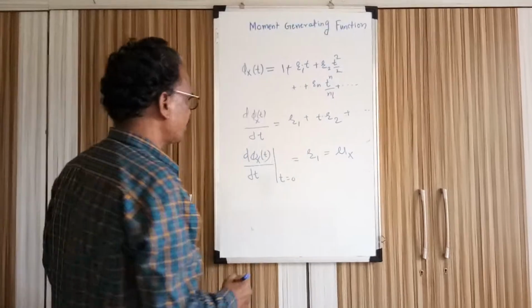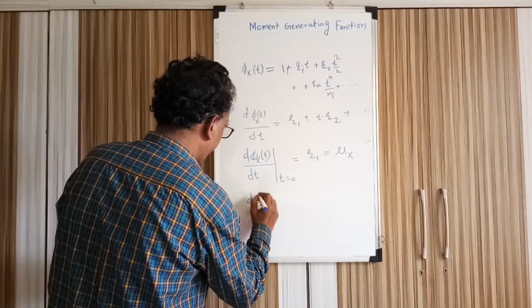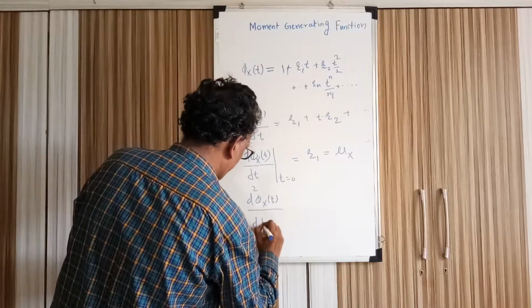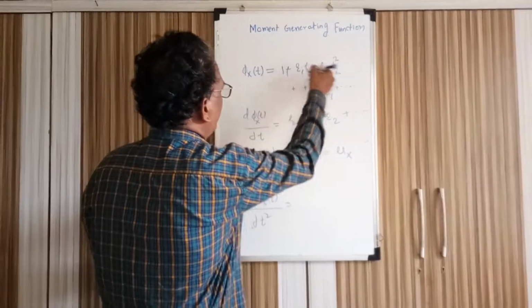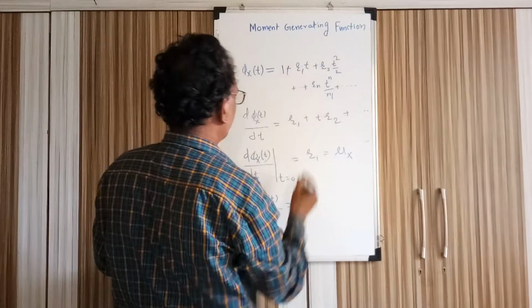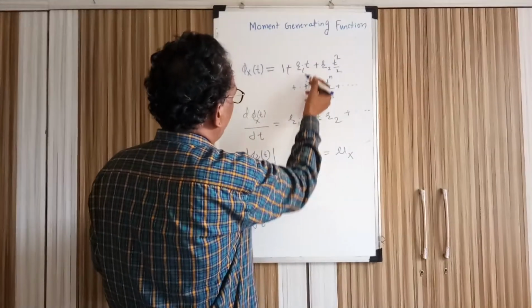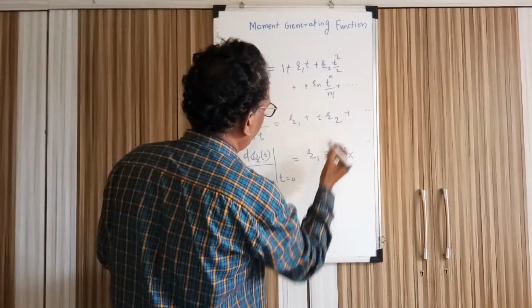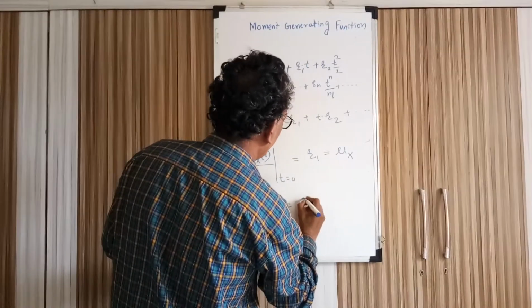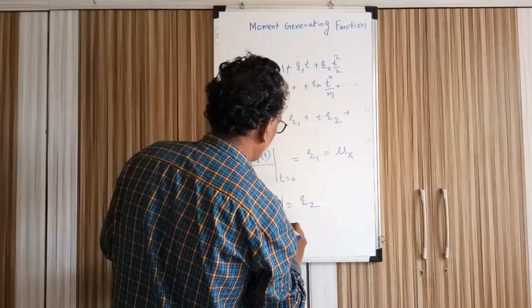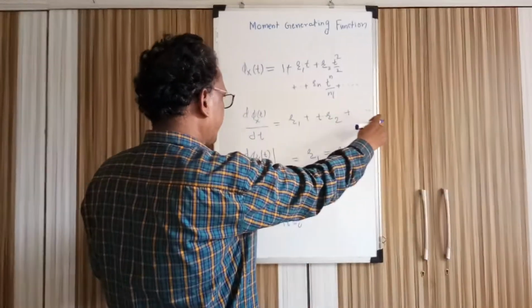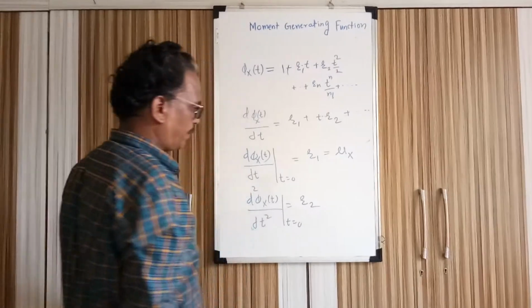If I go for the second moment, d2 phi x of t by dt square, we take the double derivative of this equation. The derivative of 1 becomes 0, and we get zeta 2 at t equal to 0. If you go for the second derivative, the rest of the terms will be having t.